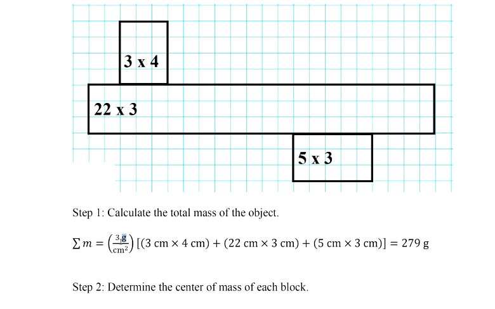We know the density of each square is 3 grams per centimeter squared. In this big parentheses, we have the total area of the 3 blocks. And we get 279 grams is the total mass of these 3 blocks.